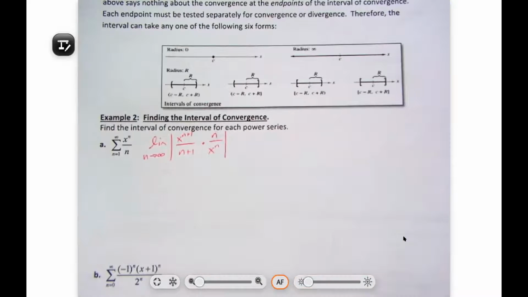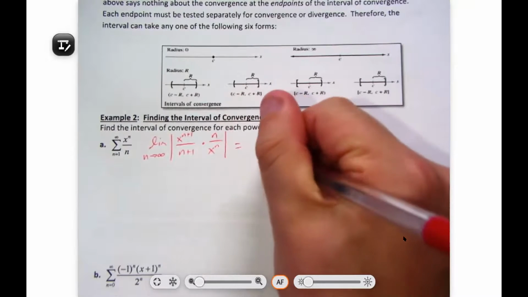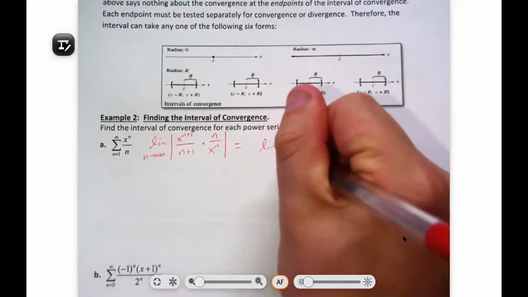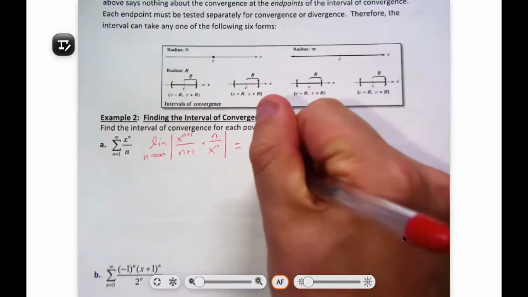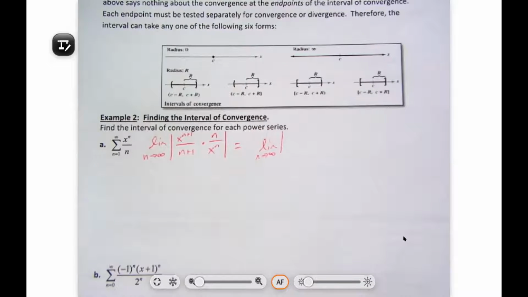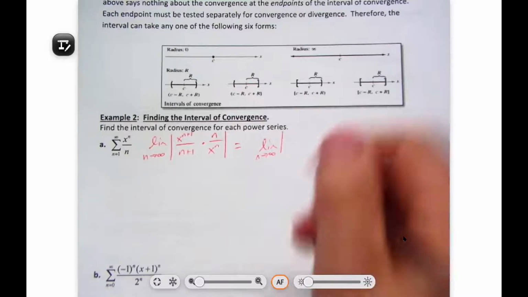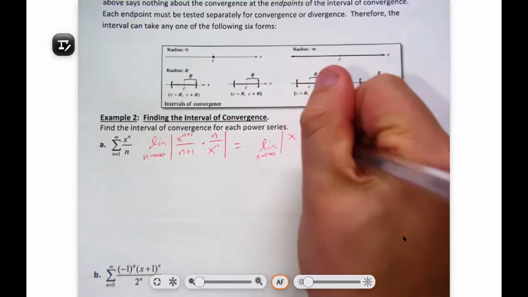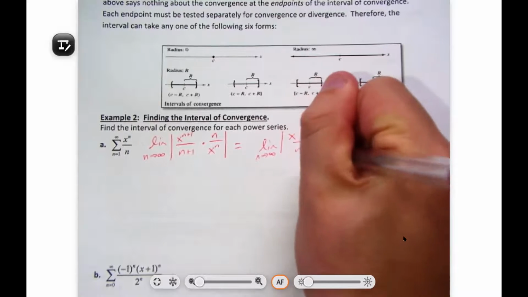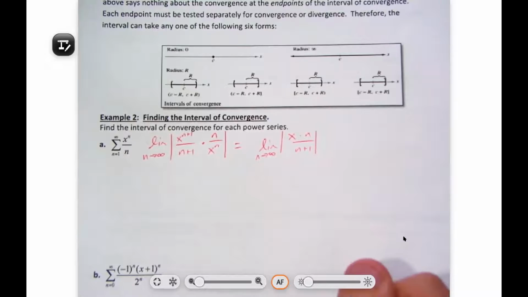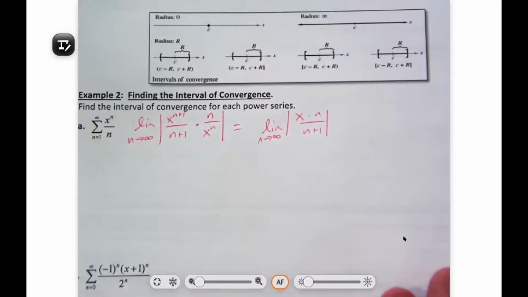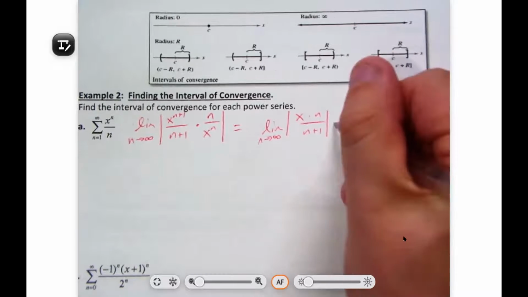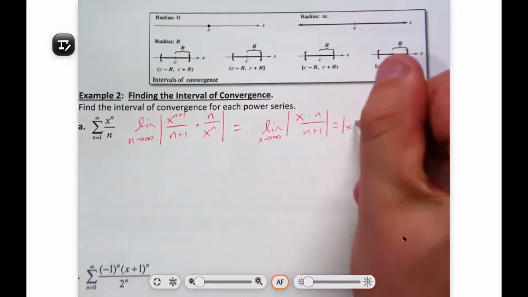We can't simplify that. So what do we get? We get the limit as n goes to infinity of the absolute value of x times n over n plus 1. Since x is like a constant, I can pull the absolute value of x out in front like this.